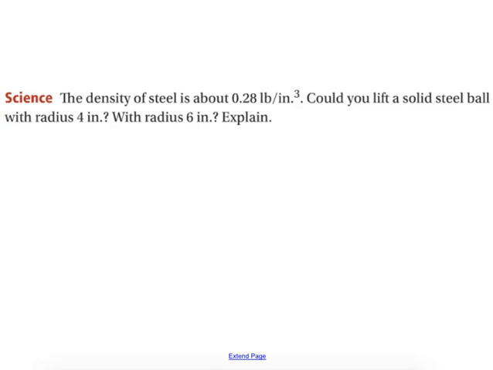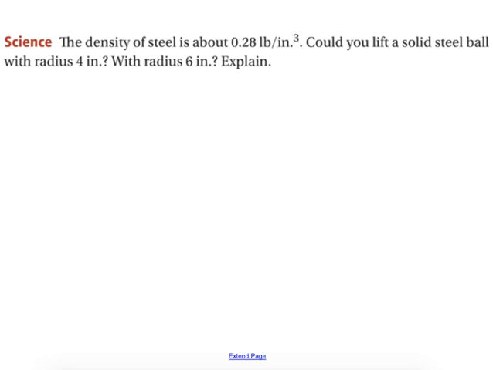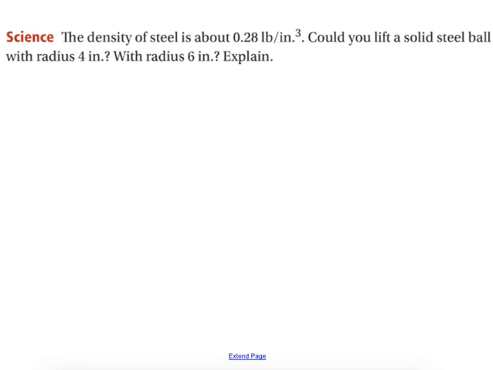It says the density of steel is about 0.28 pounds per cubic inch. Could you lift a solid steel ball with a radius of 4? What about with a radius of 6? So first we need to find the volume, how much mass we're dealing with here. So let's go with the 4 first. So volume, 4/3 pi 4 cubed.